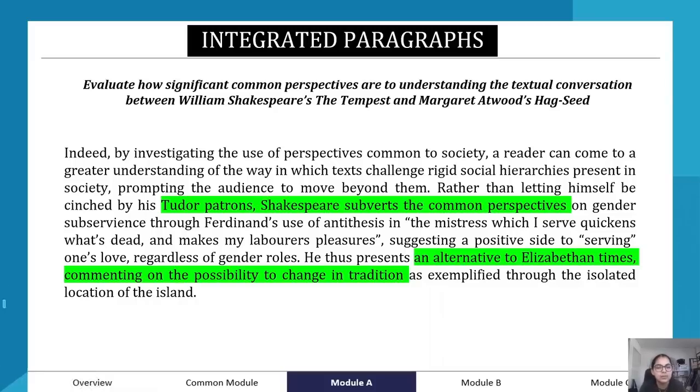Another thing you can see here is the way in which we talk about how Shakespeare subverts the common perspective, and an alternative to Elizabethan times, commenting on the possibility of change in tradition.